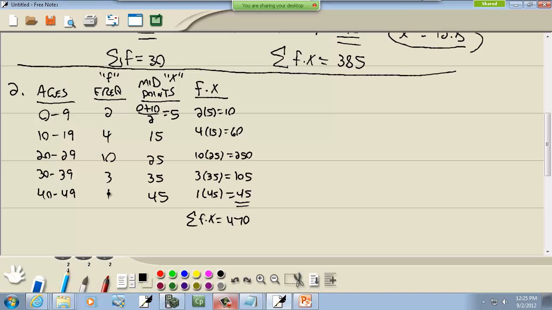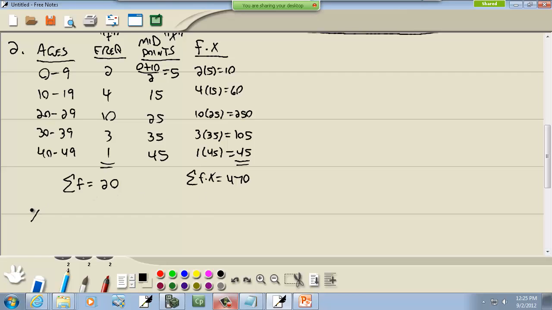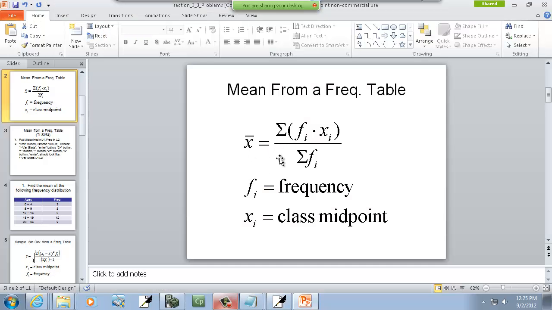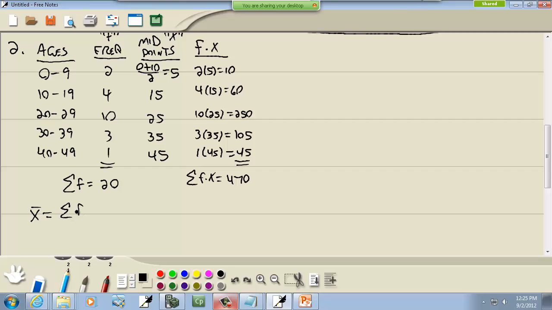So add those together: 2 plus 4 plus 10 plus 3 plus 1. That gives us 20. Okay, so then our x bar from our formula, we're going to take the sum of f times x divided by the sum of f. So that gives us 470 divided by 20, which gives us 23.5.